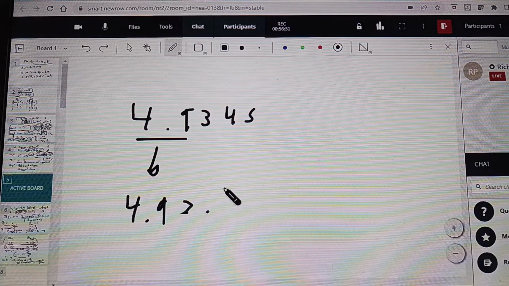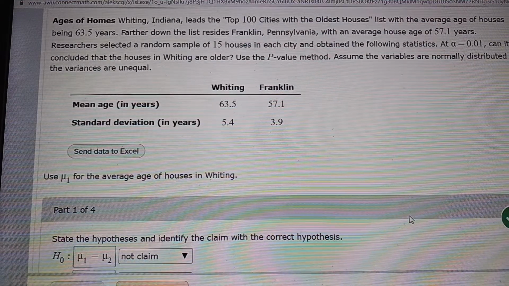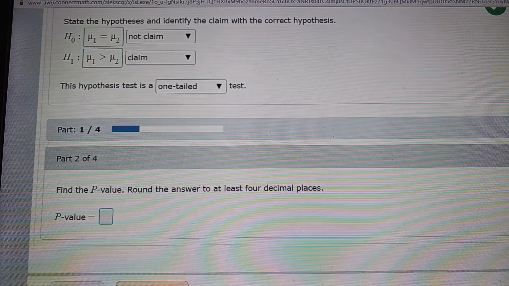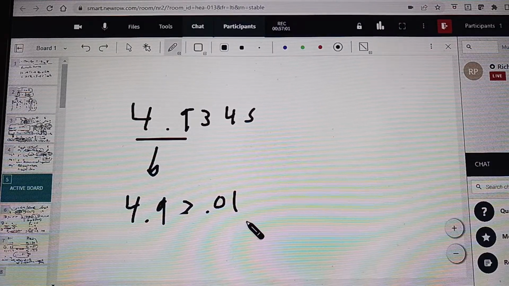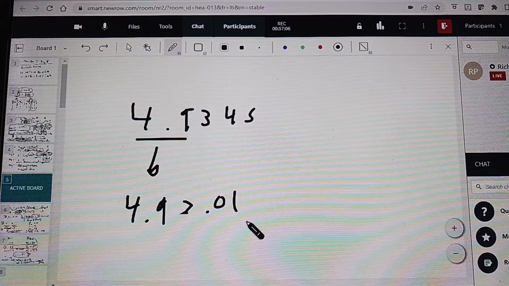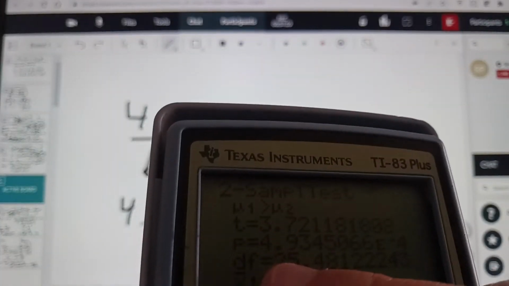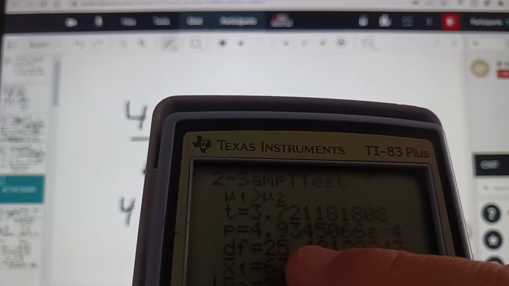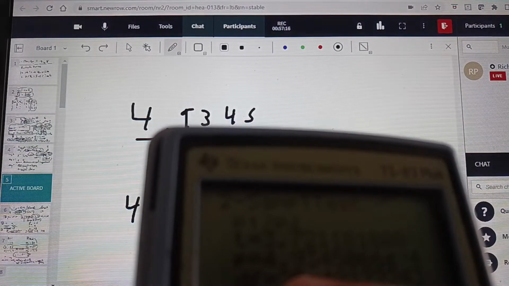That's greater than alpha, whatever alpha is, 0.01. So then they're going to say, do not reject the null, not enough evidence to support the claim. And that's actually all wrong because you're not looking far enough across your calculator screen. 4.93, probability can't be 4.9, that's impossible. Probability can't be bigger than 1.